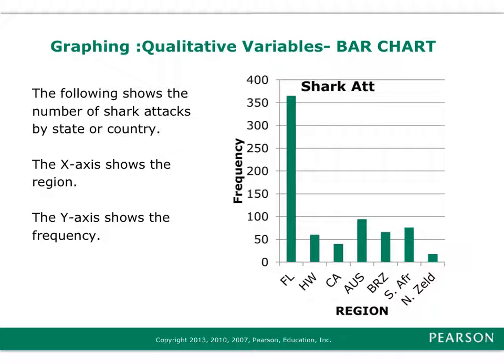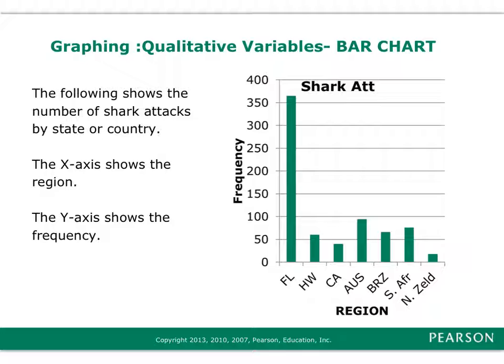So here's an example of a bar chart for a qualitative variable. The following chart shows the number of shark attacks by state or country. The x-axis shows the region, and the y-axis shows the frequency. You will notice in this bar chart that it looks like Florida has the most shark attacks, over 350 per year.